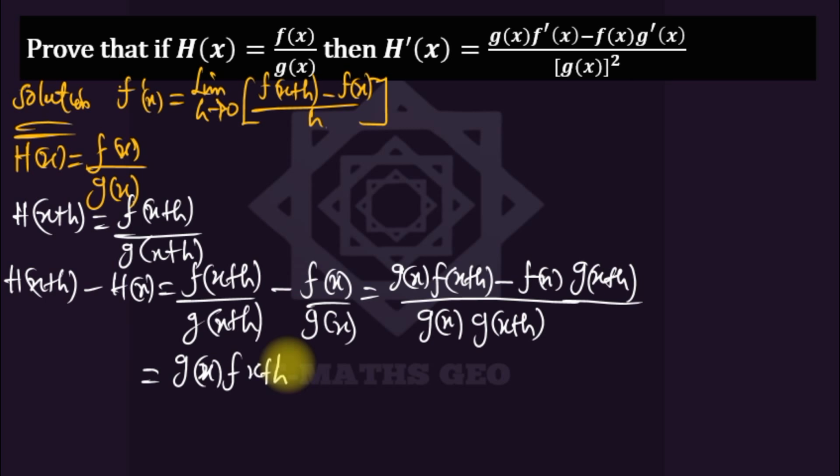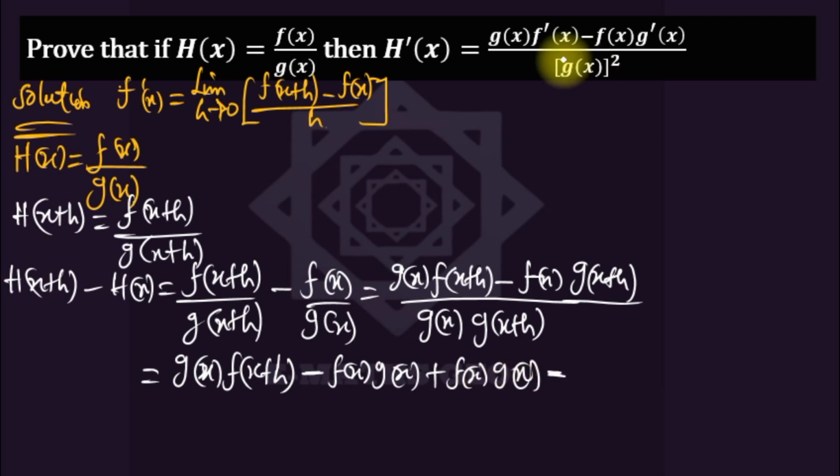So if I decide to add or maybe subtract f of x times g of x, I need to counter it by adding. So this is 0: minus f of x times g of x plus f of x times g of x is 0. I just introduce it so that we can get this f prime and g prime.